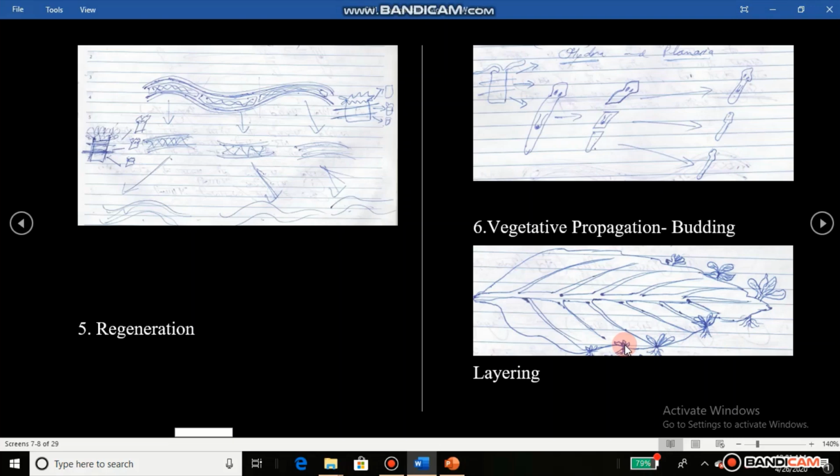Sometimes it detaches from the parent part, and each plant becomes free and lives separately. So this is vegetative propagation by budding.